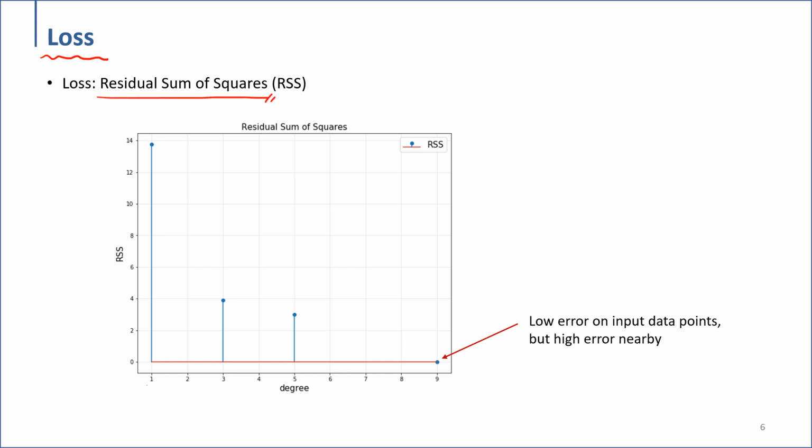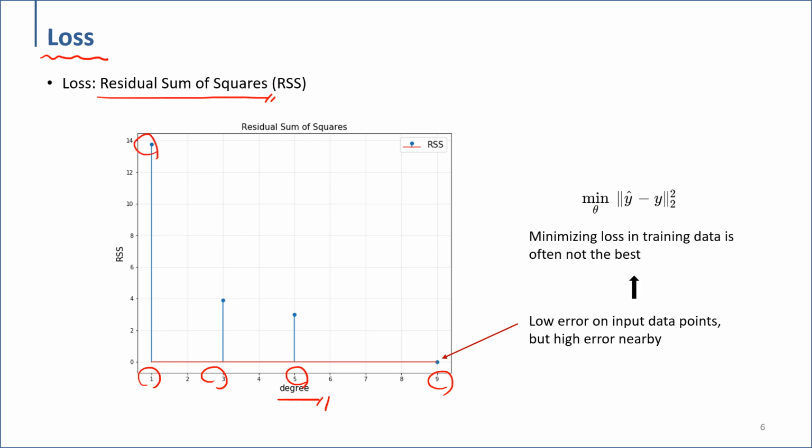As we saw in the previous slide, when we keep increasing the degree of the polynomial, its residual sum of squares becomes small. In the case of 9 degrees, we see very low error on input data points, but very high error at the nearby points.